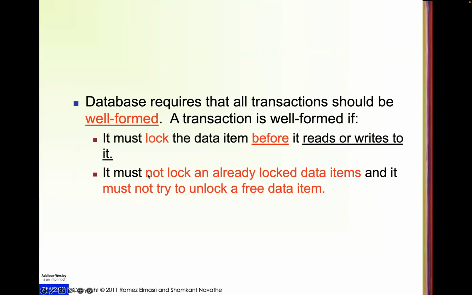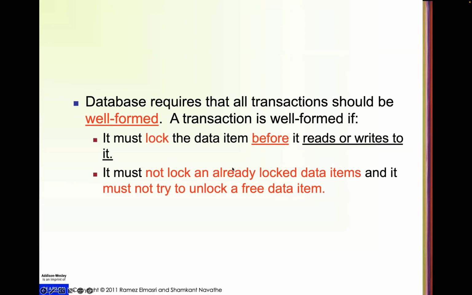Another one is that it must not lock any already locked data item. What do we mean by this? If X is already locked by T1 for writing or for reading, then T2 cannot lock this data item X. It must not lock an already locked data item, and it must not try to unlock a free data item.